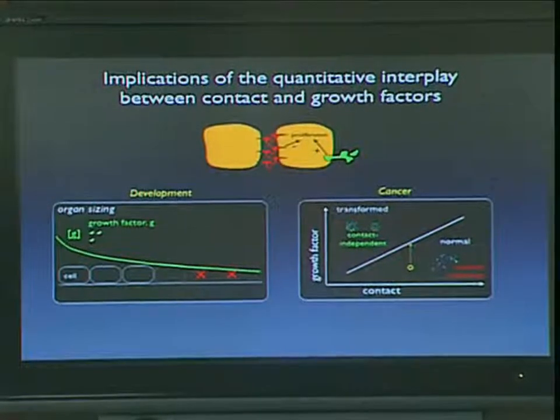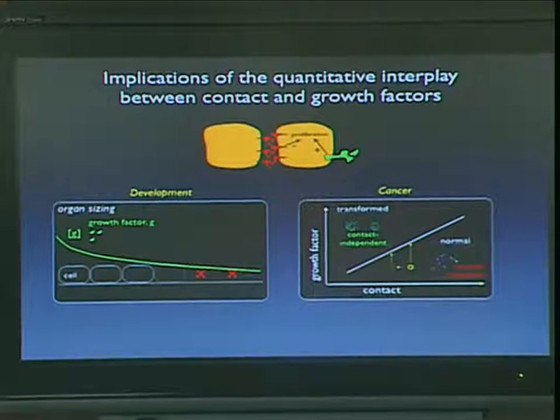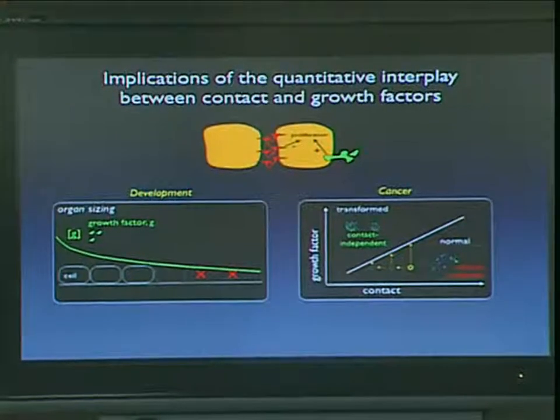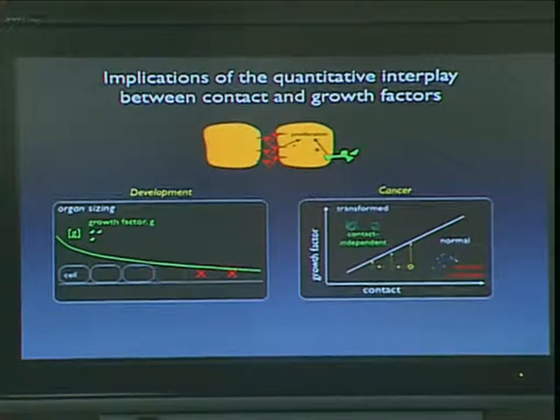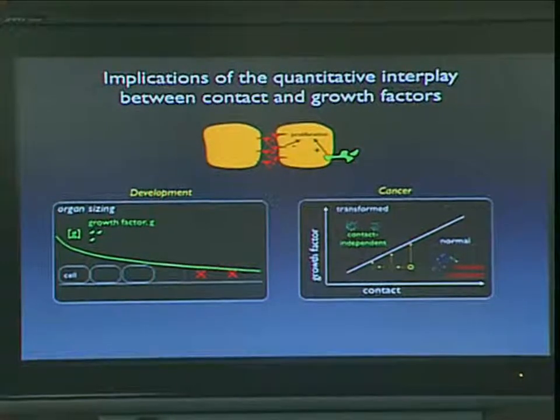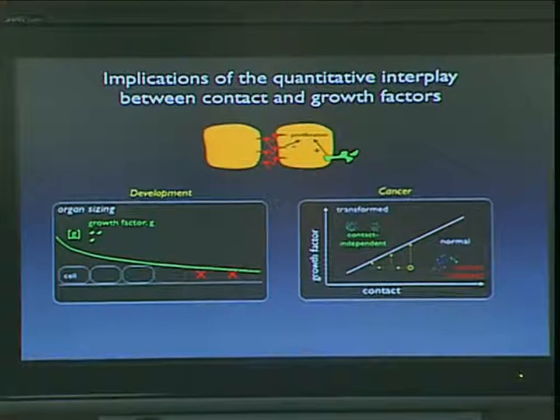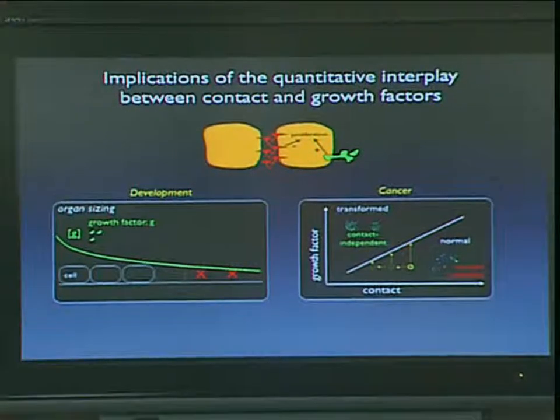But what this state diagram would suggest is that you could have latent transformation, where cells are quantitatively moving to the left and getting closer to the transition point, so that the bump that they would need is smaller. So this is a way in which contact could be synergistically working with growth factor so that you slide down this axis and can jump up to transformation more easily along EGF amplification, for example.